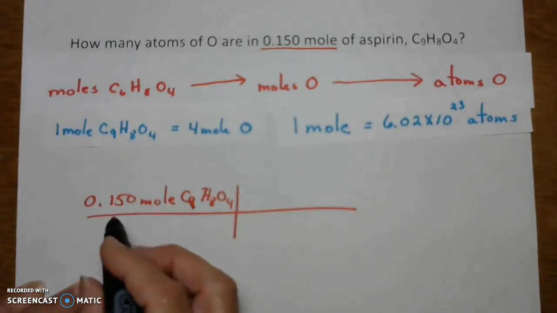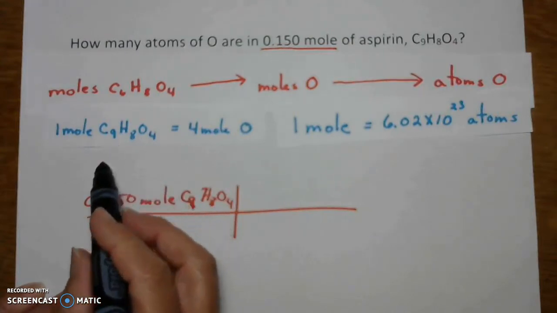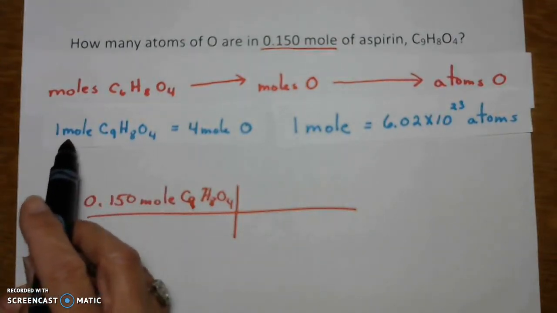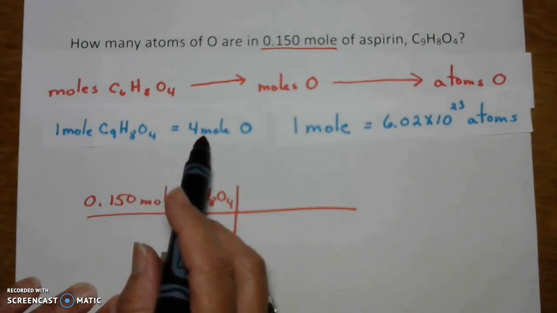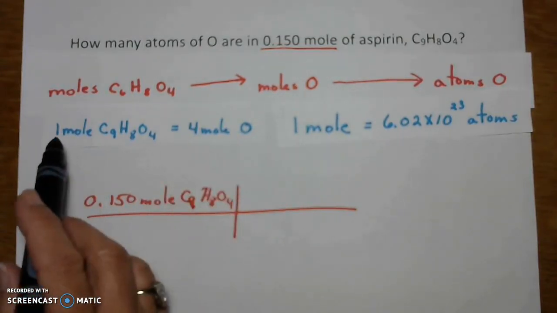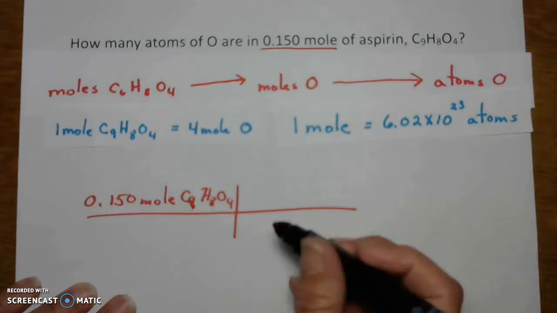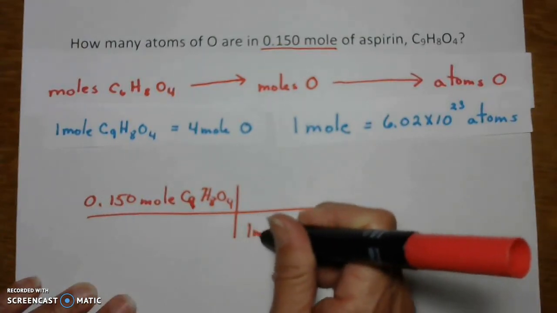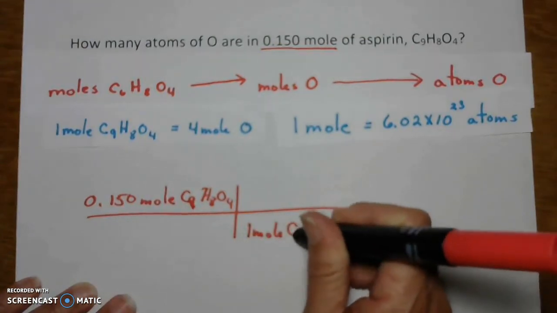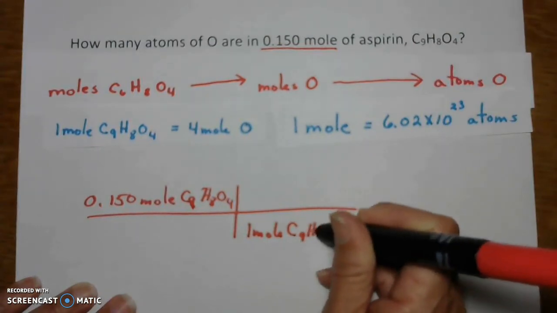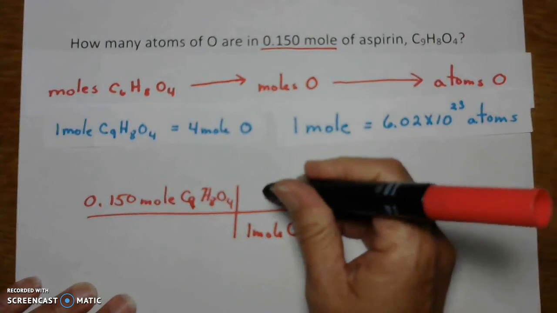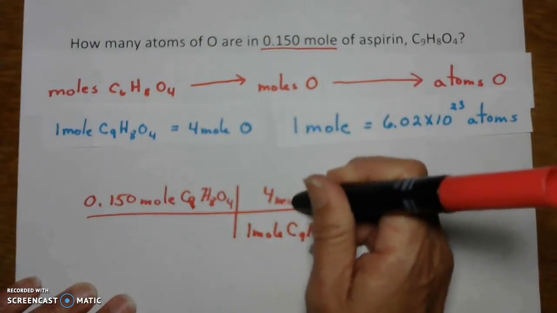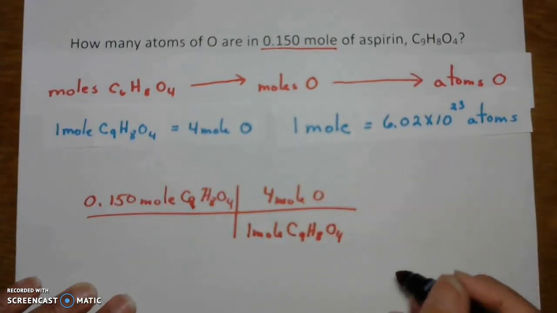We're going to use this first conversion to get rid of our moles of aspirin and give ourselves moles of oxygen. So the moles of aspirin are going to need to go in the bottom. 1 mole of C9H8O4, that goes in the bottom, and 4 moles of oxygen go in the top.